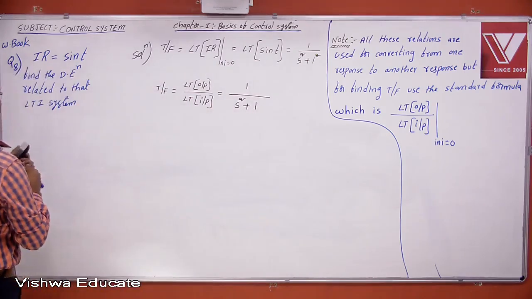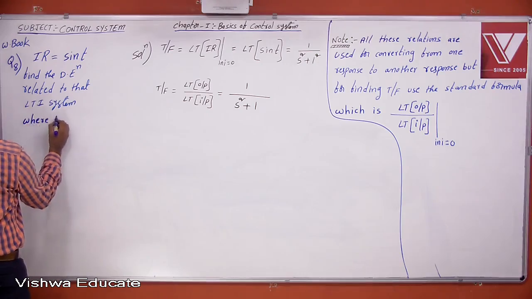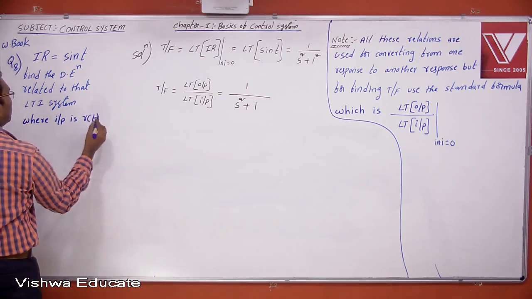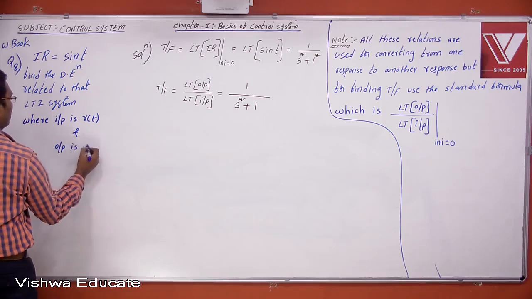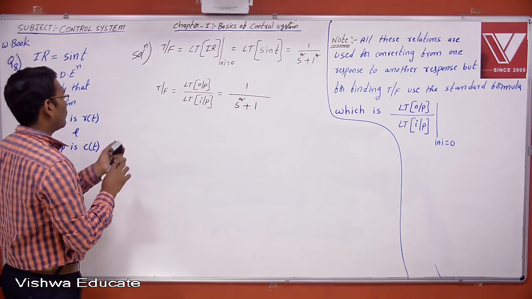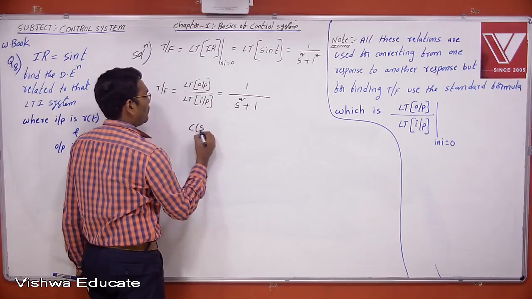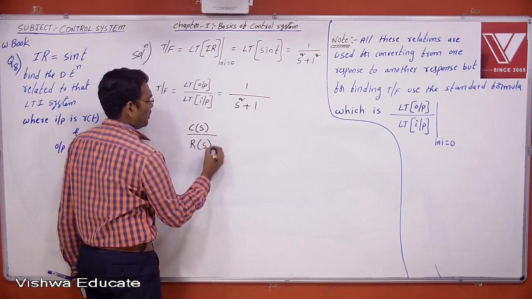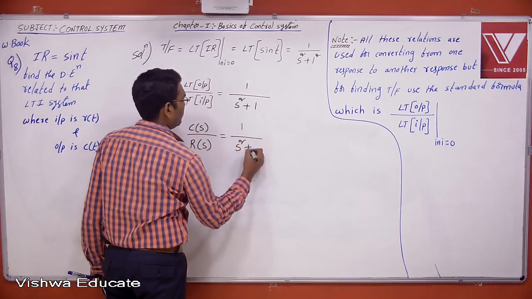In the question it is mentioned that input is r of t and output is c of t. So the Laplace transformation of output c of s by the Laplace transformation of input r of s is equal to 1 by s square plus 1.